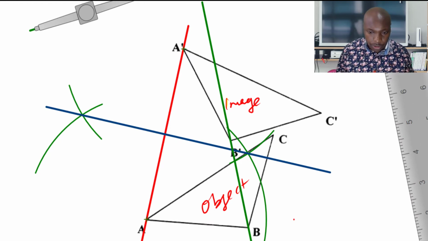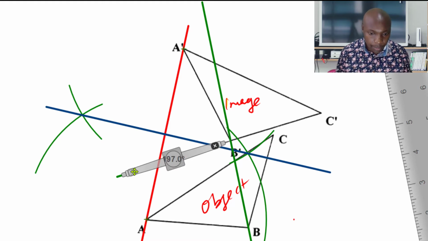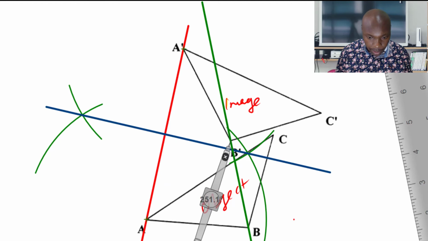Then I construct the perpendicular bisector of that line B B prime. So let me take the pair of compass. You stand at B prime, and then opening it, ensure that you've opened more than half of that line B B prime. So that is good.